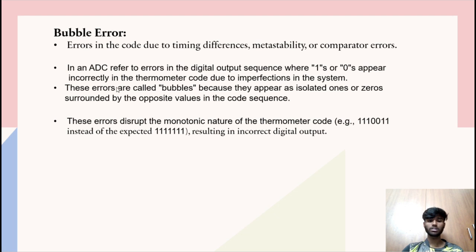These errors are also called bubbles because they appear as isolated ones or zeros surrounded by the opposite values in the code sequence. These errors disrupt the monotonic nature of the thermometer code. Example: 1110011 instead of the expected one, resulting in an incorrect digital output.